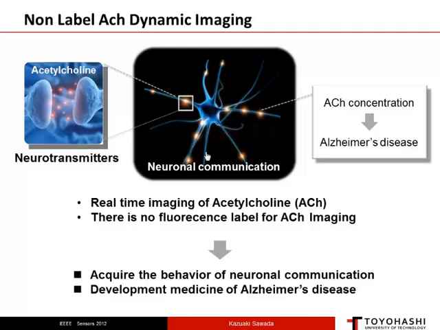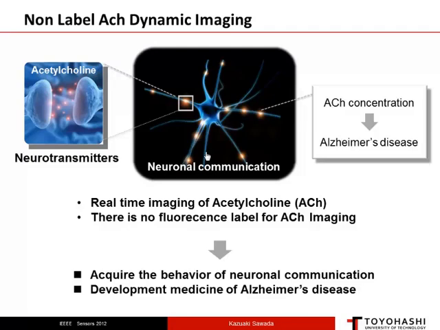So if we can catch real-time images of acetylcholine emission from the neuron cells, it might give good information to solve Alzheimer's disease or something like that.